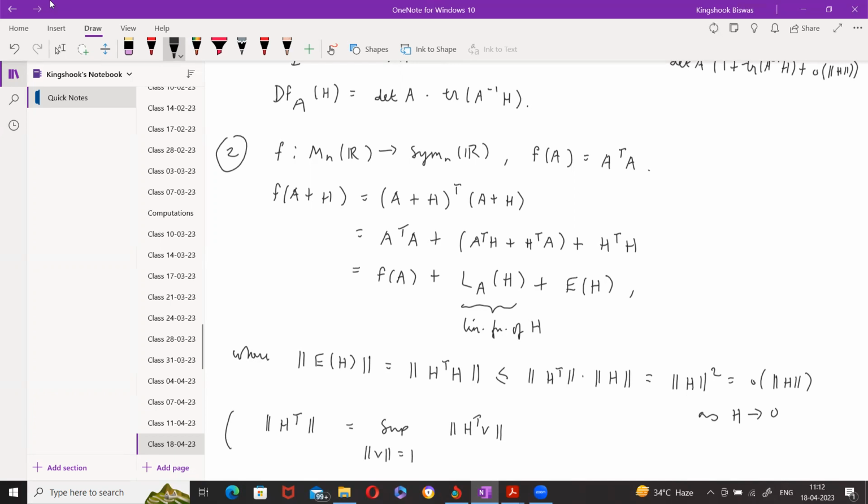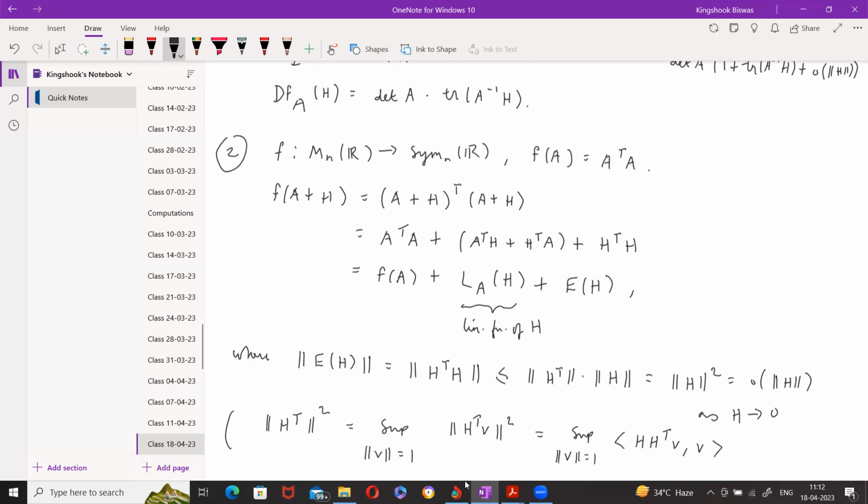Okay, so now let me square both sides, then I can bring in inner products, right? So this becomes sup over norm V equal to 1 of inner product H transpose V, H transpose V. One of the H transpose I can take to the other side. This becomes H transpose H V, V, right?